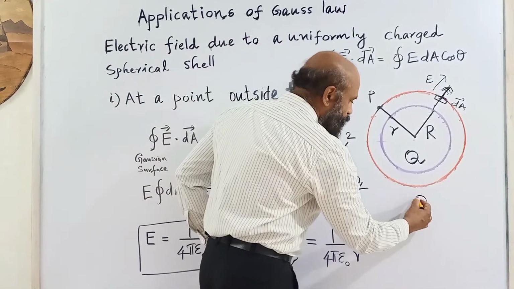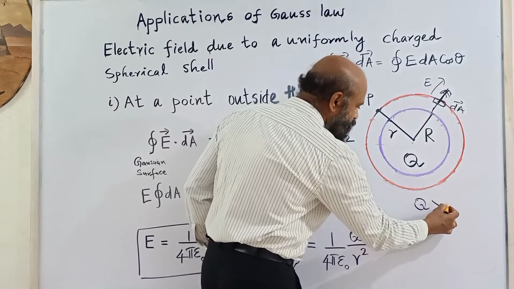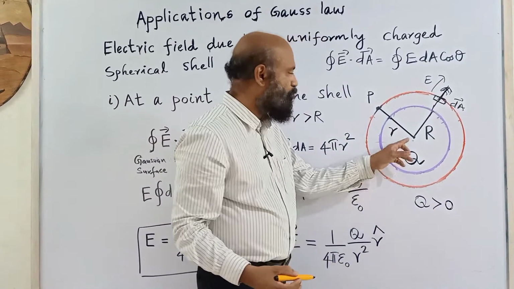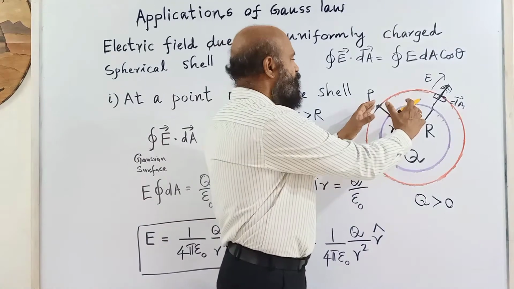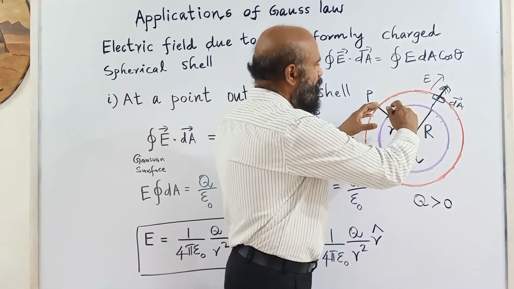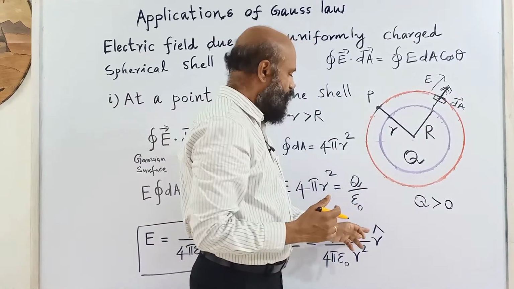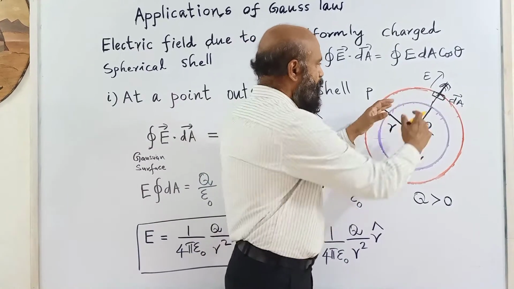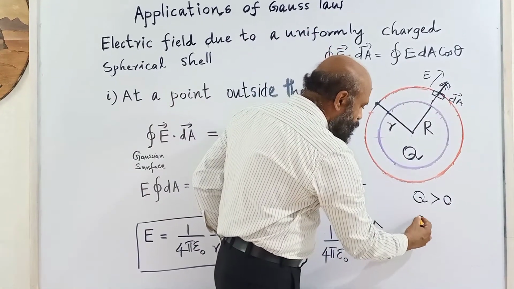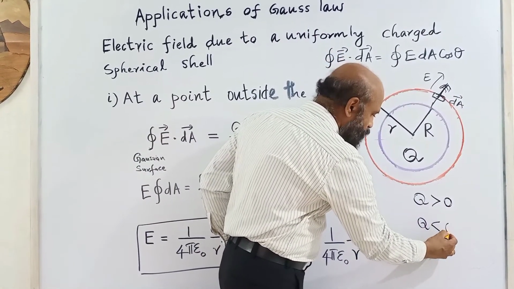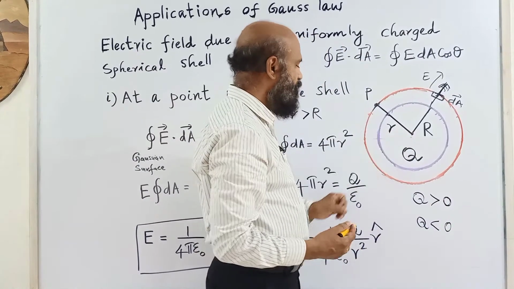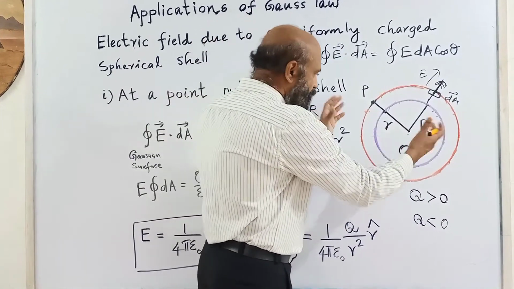If Q is greater than 0, that means positive charge, intensity will be pointing radially outward, so r cap will be outward. Suppose Q is less than 0, negative charge, then intensity will be radially inward.